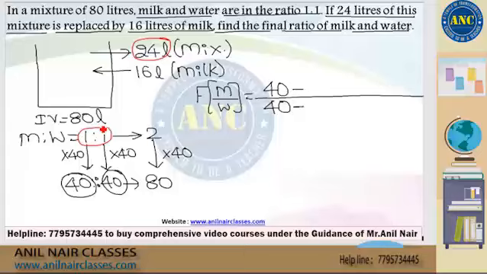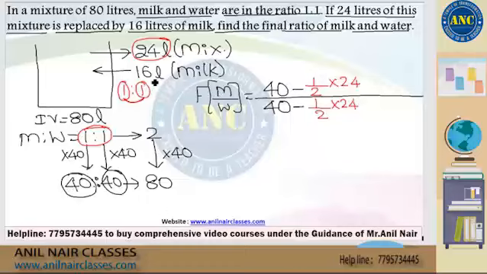According to the ratio, out of total 1 plus 1, 2 units, 1 unit of milk is taken out and the total mixture taken out is 24. Similarly, 1 unit of water is taken out. But in the previous case I did not add anything.